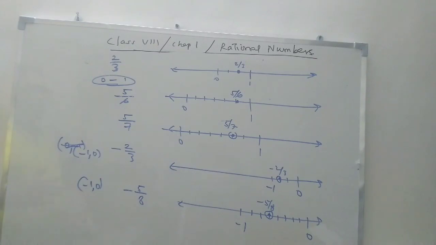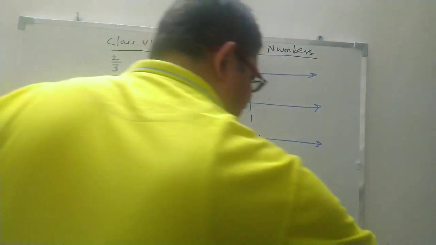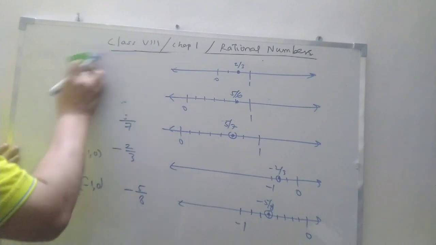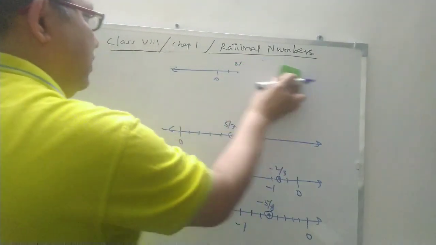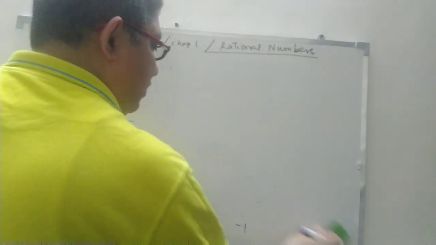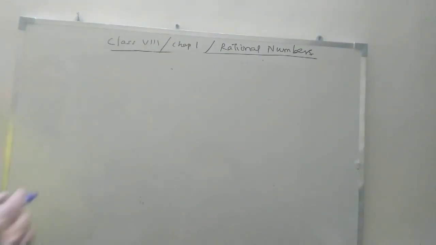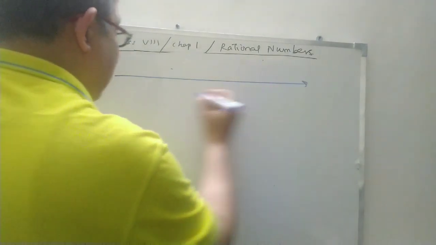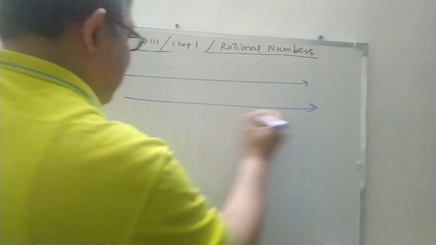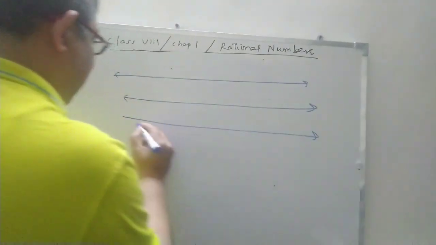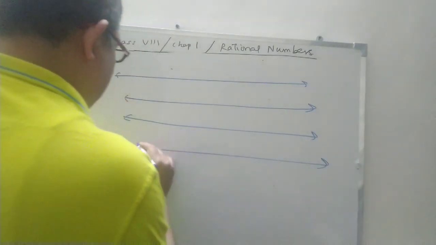So now you understand how to put these. Let me take some complicated cases. Let me draw 2 or 3 number lines so that I don't have to take time for that in the end.